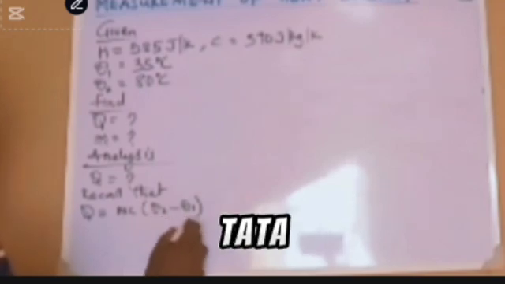If you look at this, in the given, we have Q, we have theta 2, we have theta 1. We don't have M, we have C, but we are looking for Q. It's as good as we have two unknowns. So let's look at the second formula for quantity of heat, which is Q is equal to H (theta 2 minus theta 1).